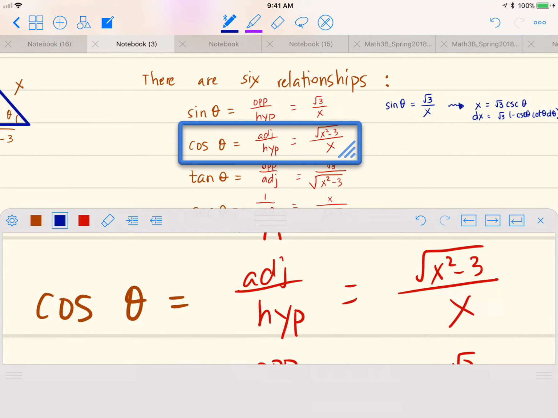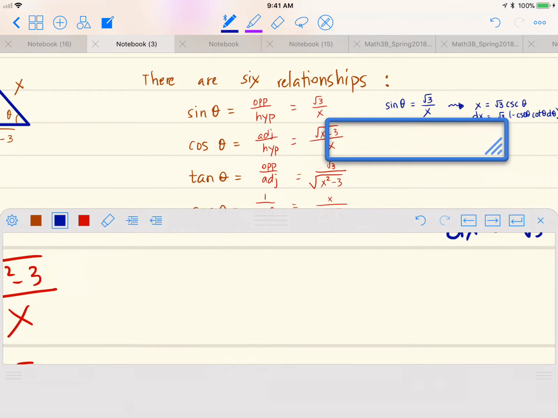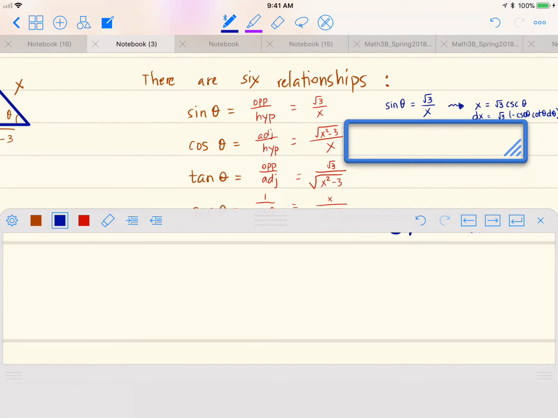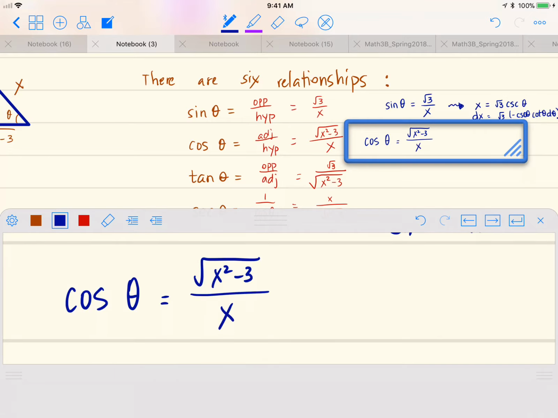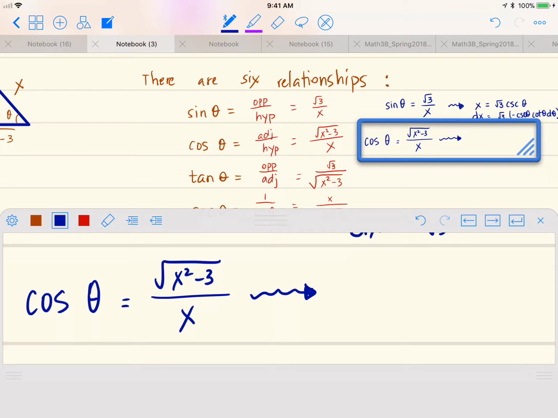If we have cosine theta, well, now look at this. This relationship is just as valid as the others, but it's now the square root of x squared minus 3 over x. I could take the differential of both sides, and I would get negative sine theta d theta equals, and I would need to take the derivative of this and then tack on a dx.